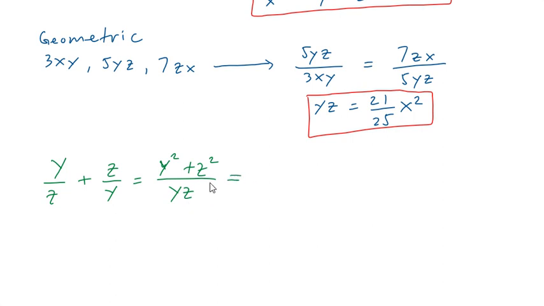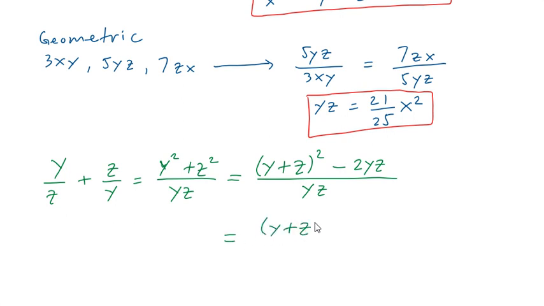However, I can write the numerator as (y plus z) squared minus 2yz. Now if you expand this and then subtract 2yz, you will see that it's just equivalent to y squared plus z squared. Now if we split this up, we get (y plus z) squared divided by yz minus 2. So I have cancelled the common factors in the second fraction.